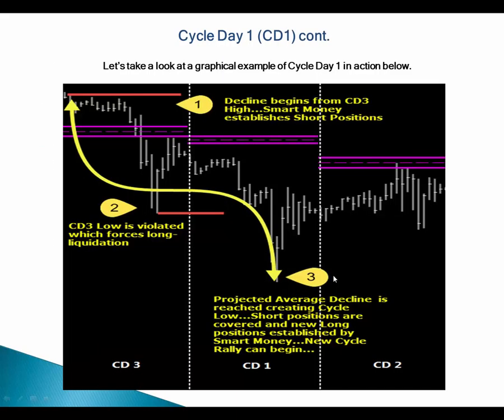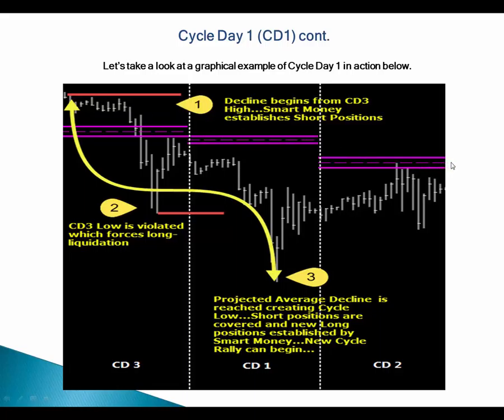Okay, so here's a graphic of what I just discussed, so maybe it'll be a little easier for us to read. Let's just follow the little bubbles here. Bubble number 1: the decline begins from cycle day 3. At the end of the prior cycle, smart money decides that the buyers have dried up.